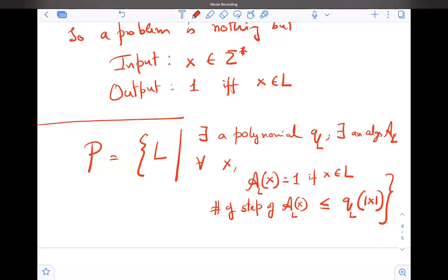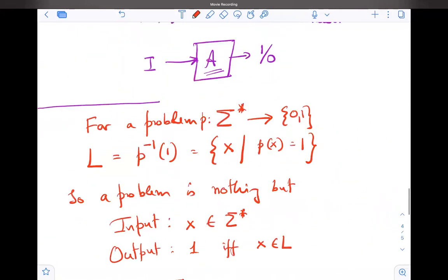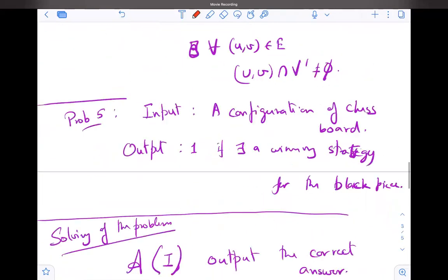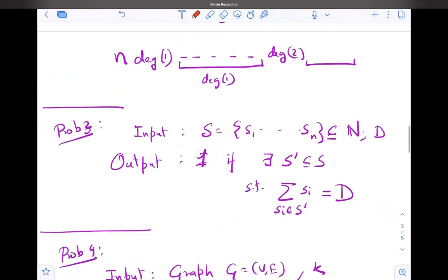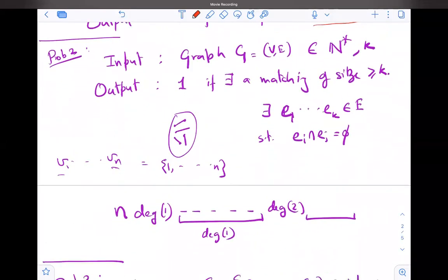So for example, say this problem. I say that I have a polytime algorithm, meaning give me any graph and a K, I will solve this problem in polynomial time, polynomial in input size.